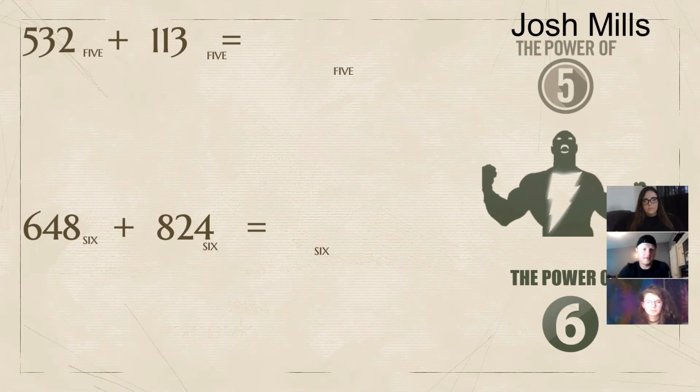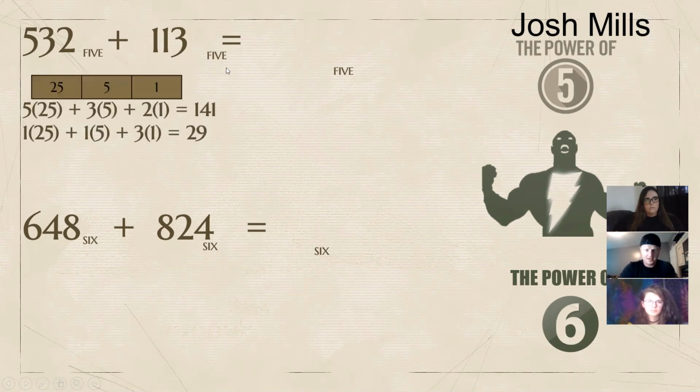Okay, so anyway, now we're working with the powers of 5. So how we work this out is you're going to have 532 to the power of 5, plus 113 to the power of 5. Go ahead and click. And how this works is we're going to go by 5s. We're going to work this in sections of 5s.